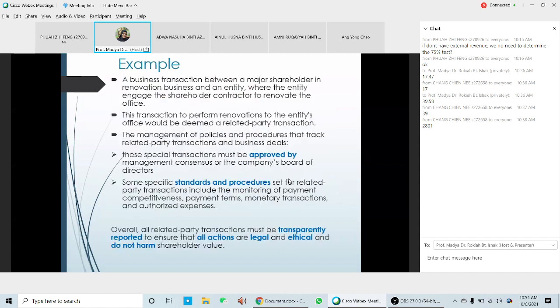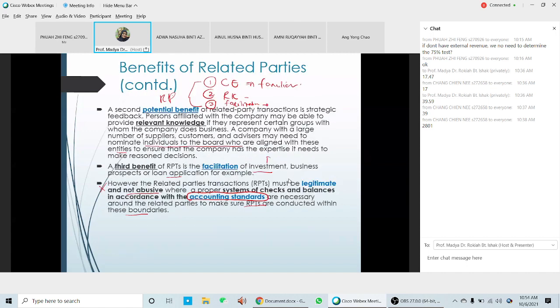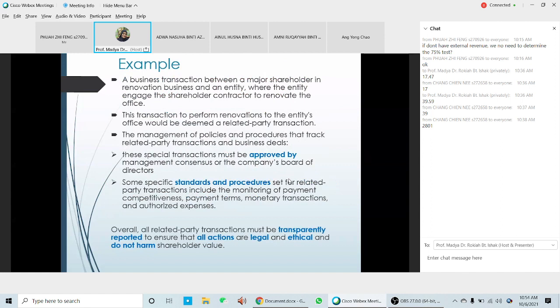An example of related party transactions is a major business transaction between a major shareholder in the renovation business and an entity, where the entity engaged the shareholder's contract to renovate the office.